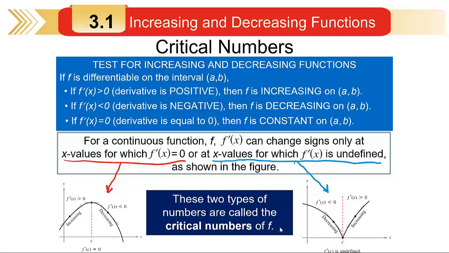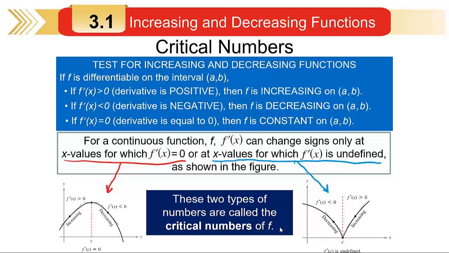The x values for those two types of situations, where the derivative is either 0 or where the derivative is undefined, those x values are called critical numbers of the function. And we'll be using that terminology a lot, so get used to it. Critical numbers are values of x where the derivative is 0 or where the derivative is undefined.